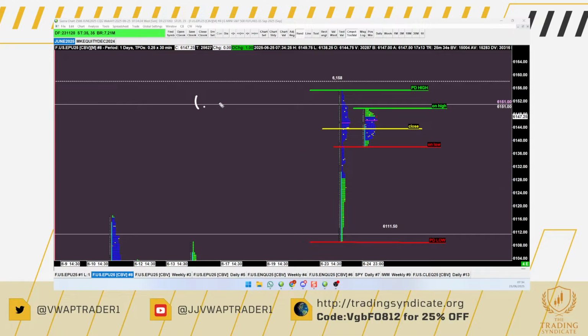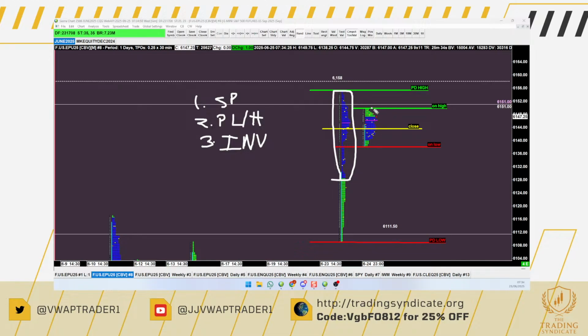So single prints, poor lows and highs. And number three is market profile tells you where your inventory is priced. So yesterday's inventory, 70% of it is priced here, right?